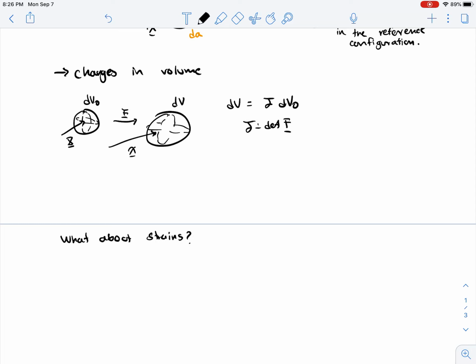And so what we said is, I first introduced this C, which was F transpose F, and I call this the Right Cauchy-Green deformation tensor.